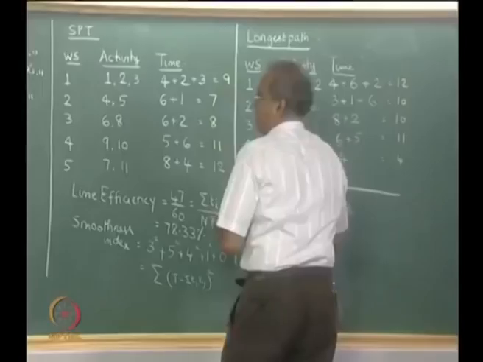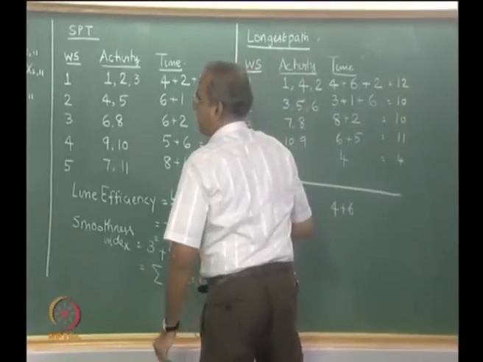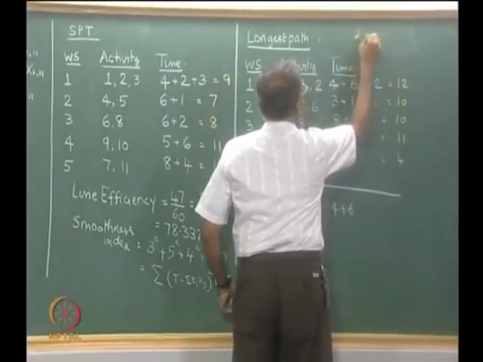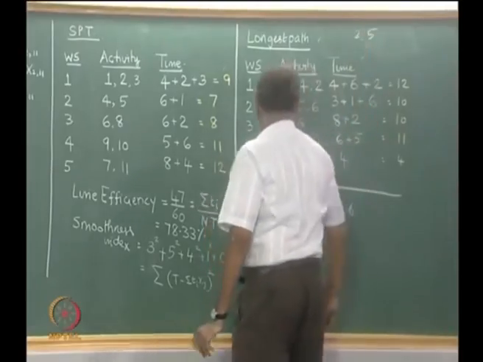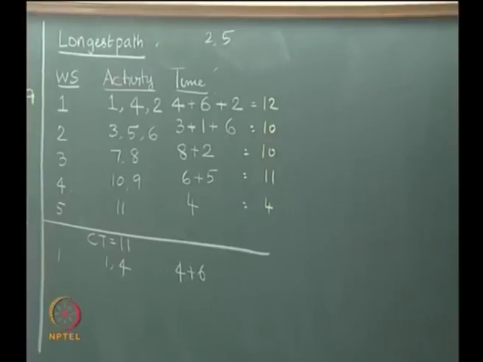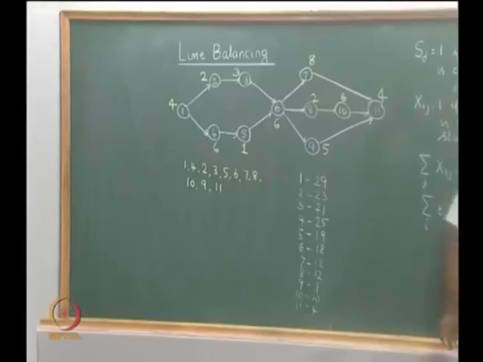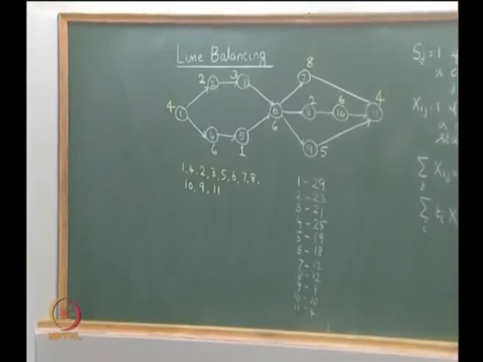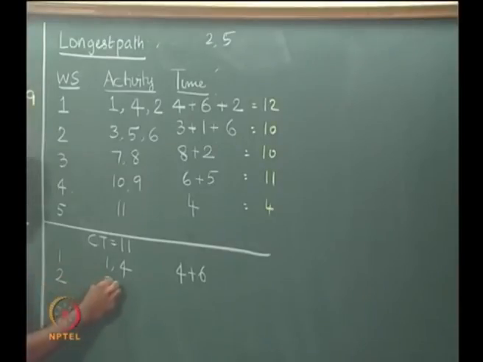So if 1 and 4 are allotted, then we have 2 and 5 remaining. Now in this order 2 comes first, 2 requires 2 time units. So create a second workstation with activity 2 and time 2.